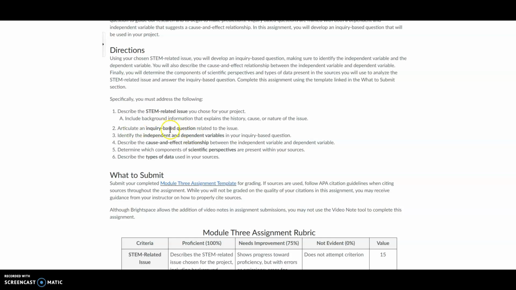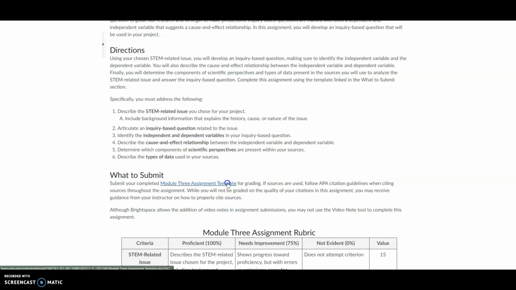Then you're going to ask an inquiry-based question that you have about the issue, identify your variables, what is the cause and effect relationship, what scientific perspectives are present, and then what is the type of data used in your sources. So using the sources that you already evaluated, you're going to answer these questions.